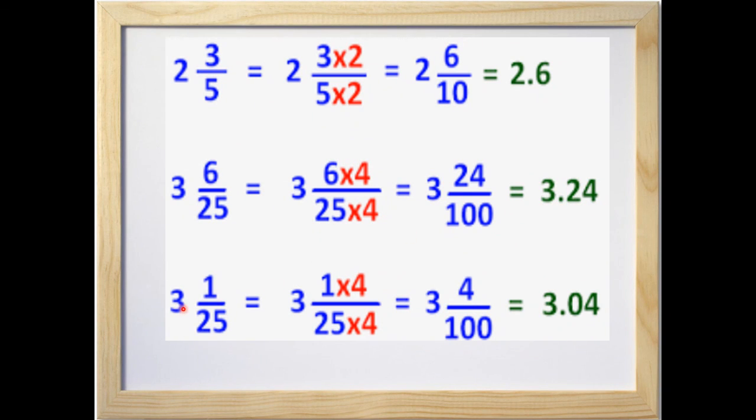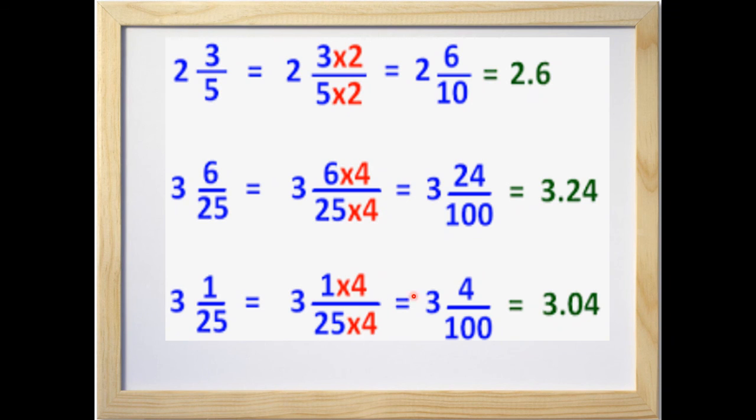Now let us see the third example. It is 3 1 by 25. So here again 1 by 25 is not a decimal fraction. So how to convert it? We'll keep the whole number part just like that, and we will multiply both the numerator and denominator by 4.